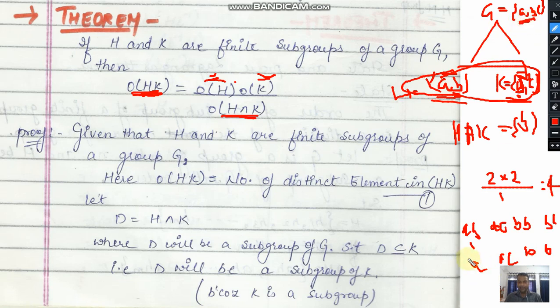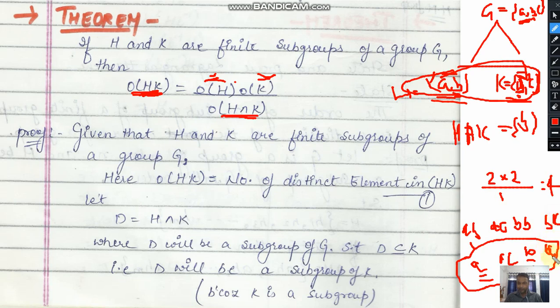So the total number of elements in their product are AB, AC, BB and BC. I think there is a little mistake here, because this is BC.